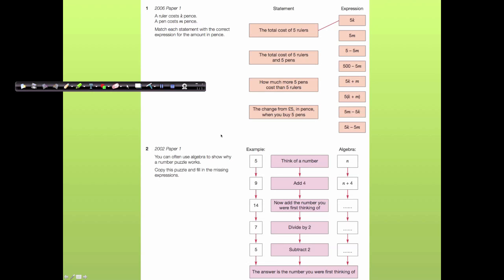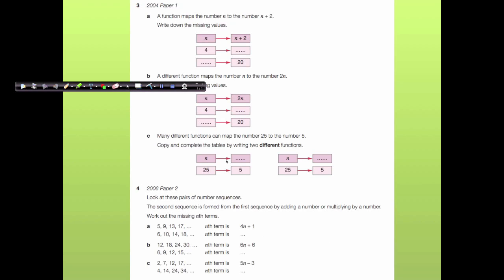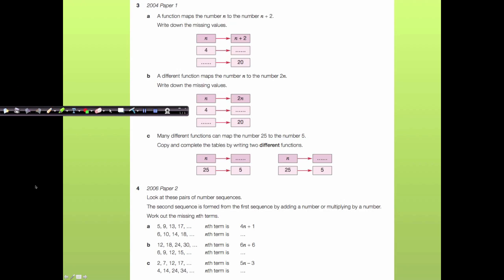So there's question 1 and 2. You can press pause and read through it and answer the questions. And then the next questions 3 and 4 are here. Okay, so there's nothing really new here. It's just written in a different form. They start off easy, so questions 1 and 2 are relatively easy, and then 3 and 4 get more difficult.